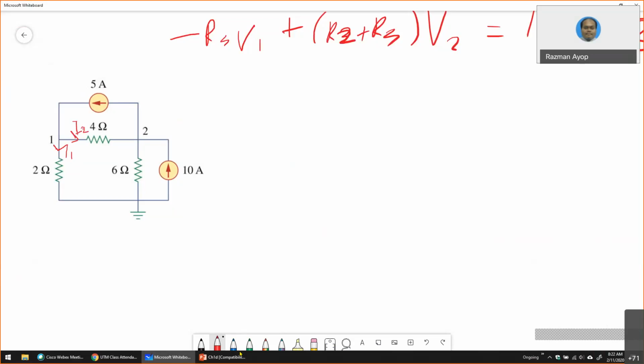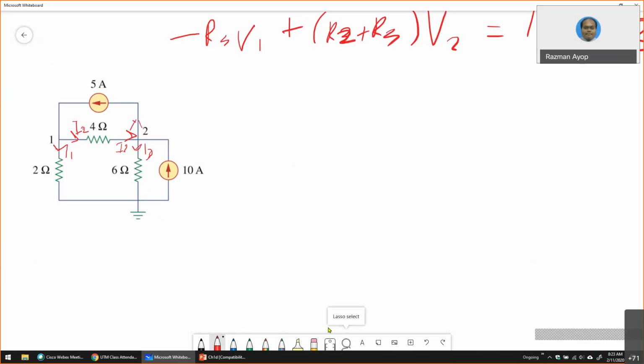Next, assign the current at node voltage node 2. I2 already assigned, so you cannot change, you only use one direction. This one also already assigned the direction, so this one goes out. So this one is I3, and this one already assigned, so you cannot change.